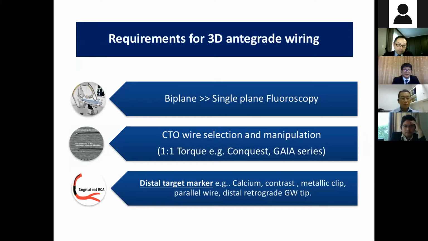For guide wire manipulation, we need a one-to-one torque guide wire like the Conquest or Gaia family. And the last one is we need a distal target marker like calcium, a contrast pool, a metallic clip, a parallel wire, or a distal retrograde guide wire tip.